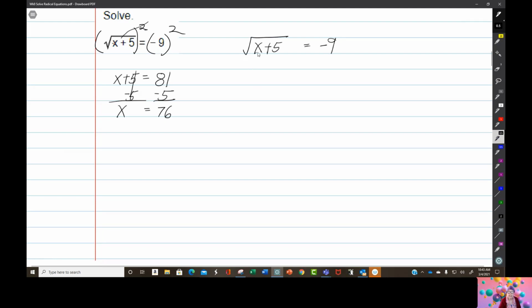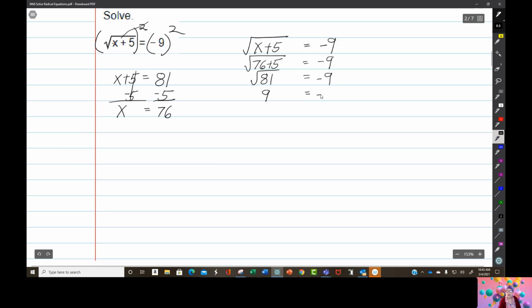And now I'm going to go back to the original equation, and I'm going to put 76 in for x. And that'll be the square root of 81 equals -9. But this is a symbol for the positive square root of 81. So the positive square root of 81 is 9.